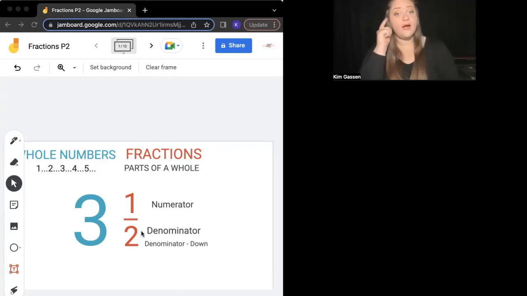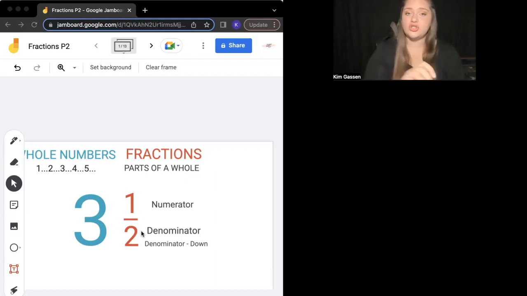We remember which is which with our denominator down number. Denominator and down both start with D, and our denominator is our bottom number. So, when we look at a fraction, we'll see a little number on top and a big number on bottom.